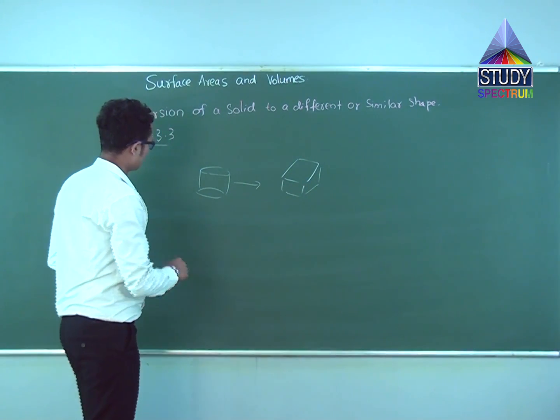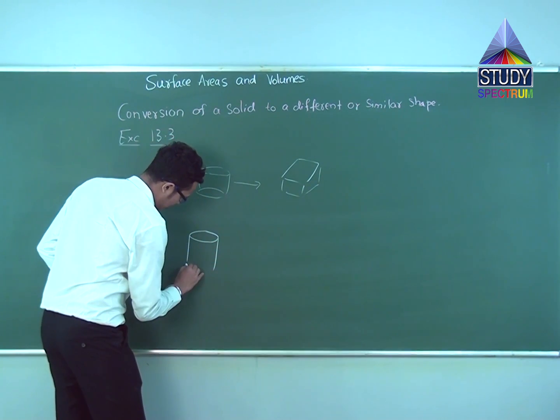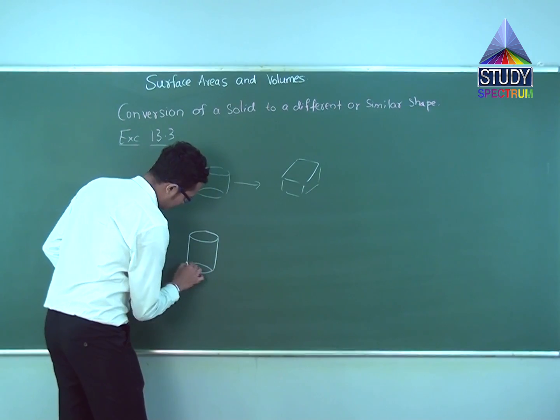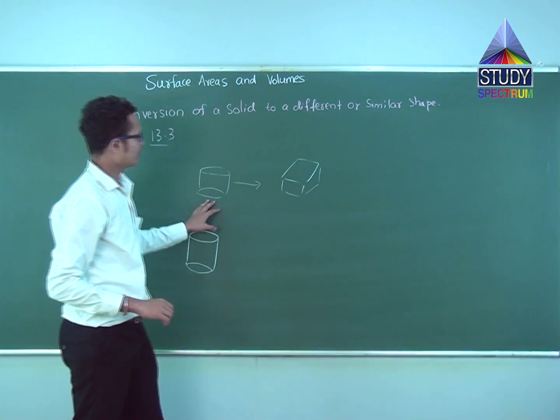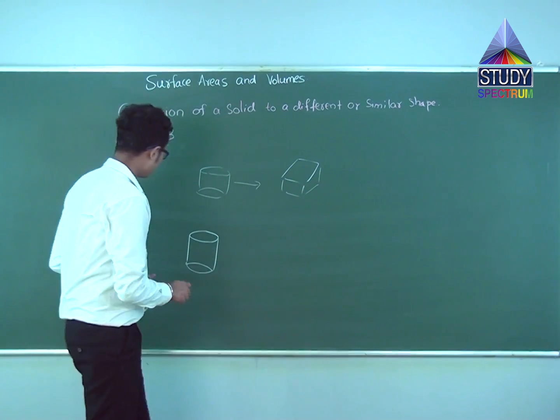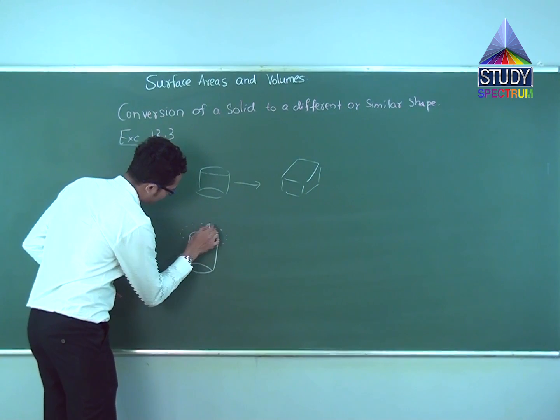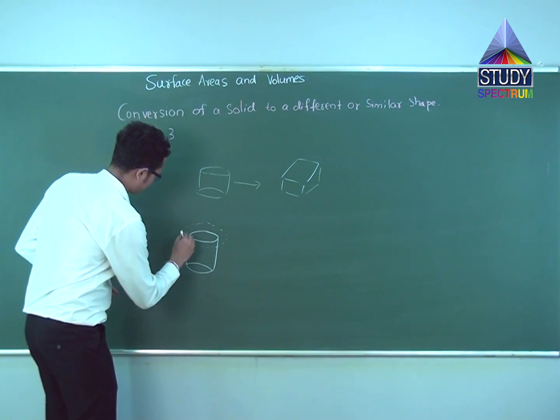In this question, you have a well dug, but instead of forming the mud in the shape of a cuboid, we are going to layer that mud around the cylinder like this.